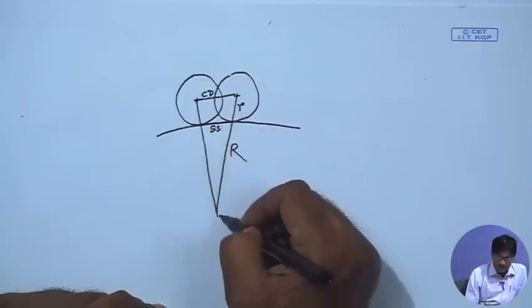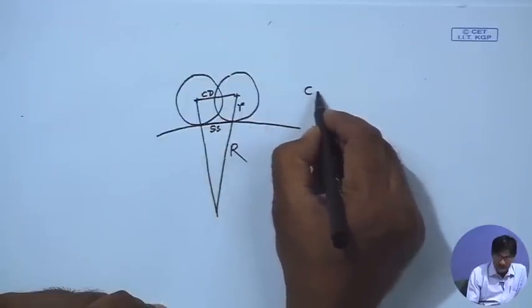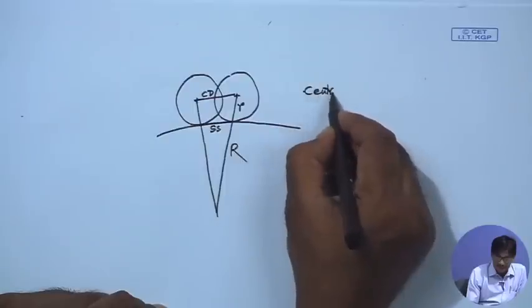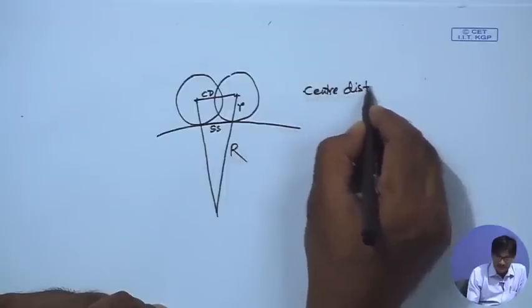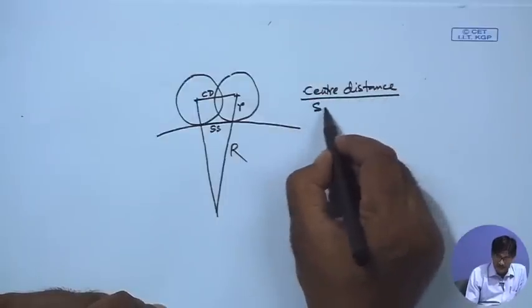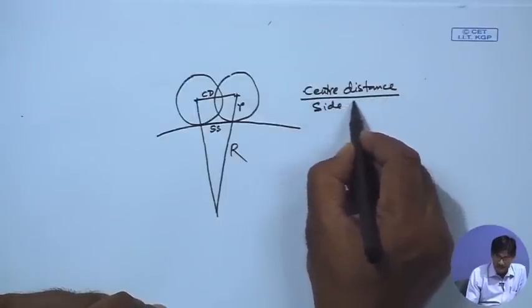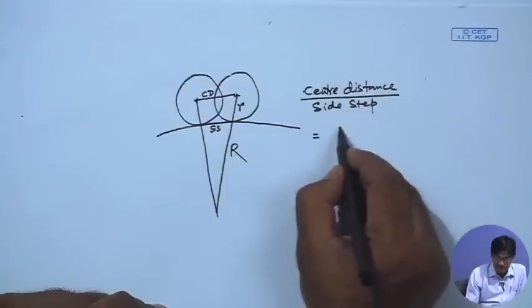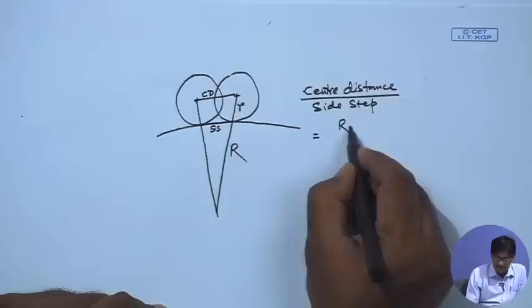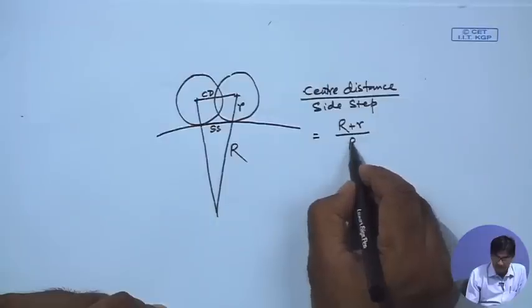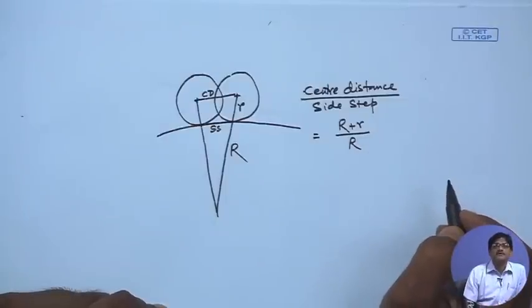We can say r plus R, center distance divided by side step, must be equal to r plus R divided by R. This is what we are establishing.